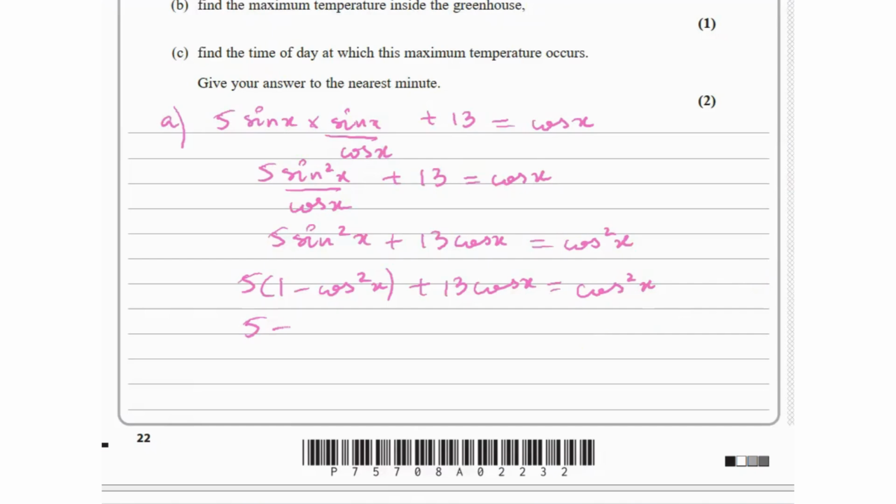So that's going to be 5 minus 5 cos squared x plus 13 cos x equals cos squared x. Bring everything to the right-hand side. So that's going to be 6 cos squared x minus 13 cos x minus 5.